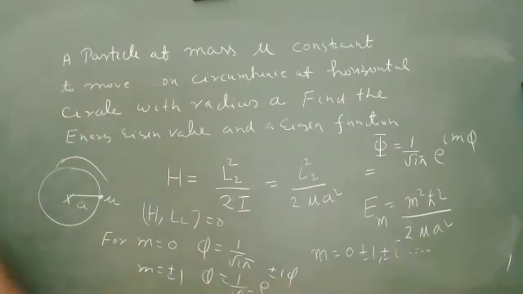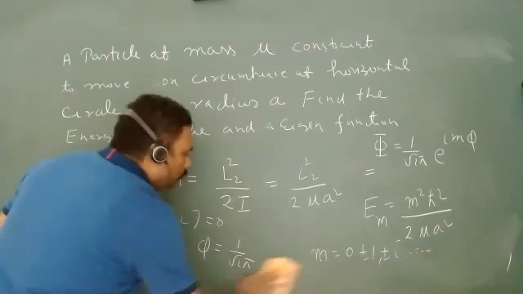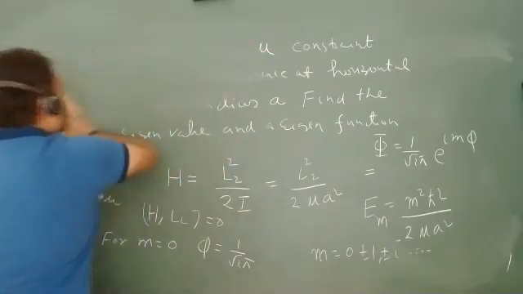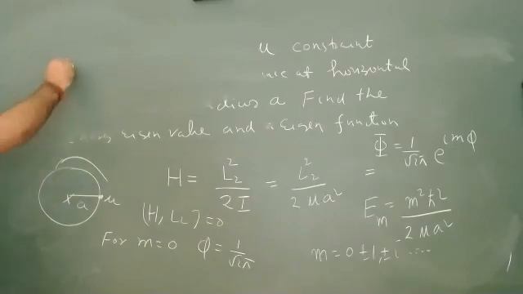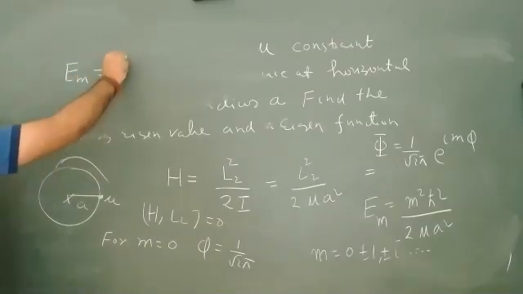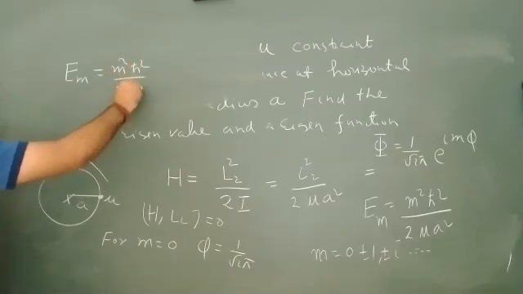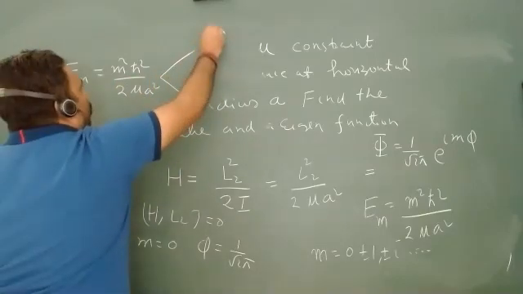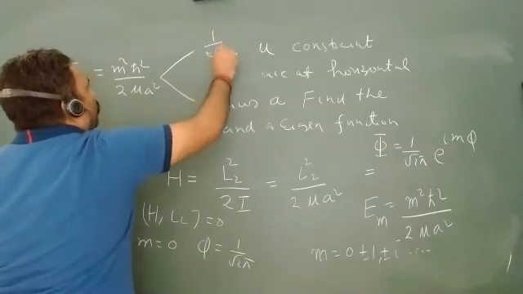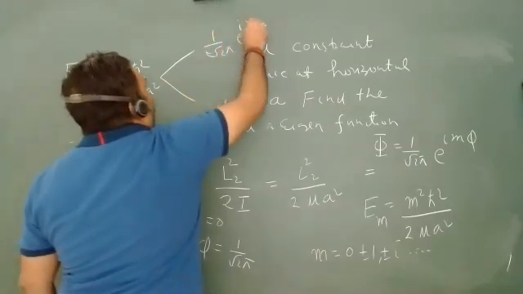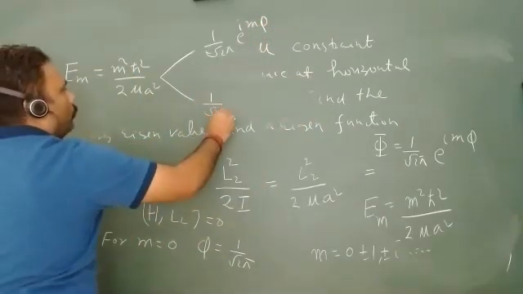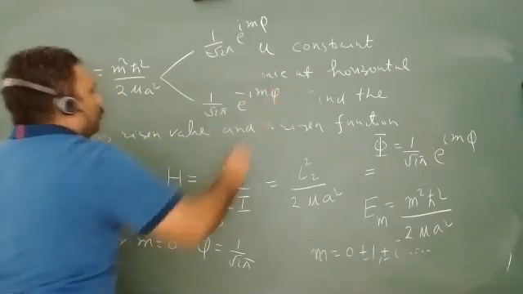So what will be the degeneracy for this state? How many eigenfunctions are you getting here? 2. So every excited state is doubly degenerate, isn't it? For the energy Em is equal to m square h cut square upon 2 mu A square, you have two eigenfunctions, 1 upon root 2 pi e to the power im phi, and 1 upon root 2 pi e to the power minus im phi.